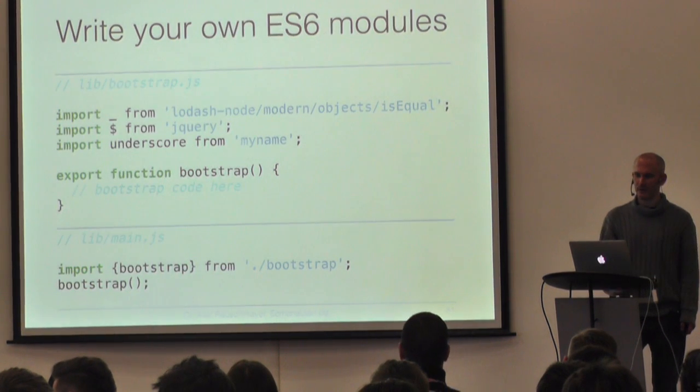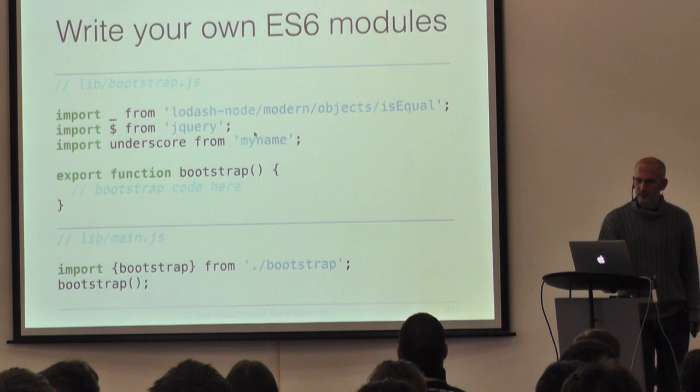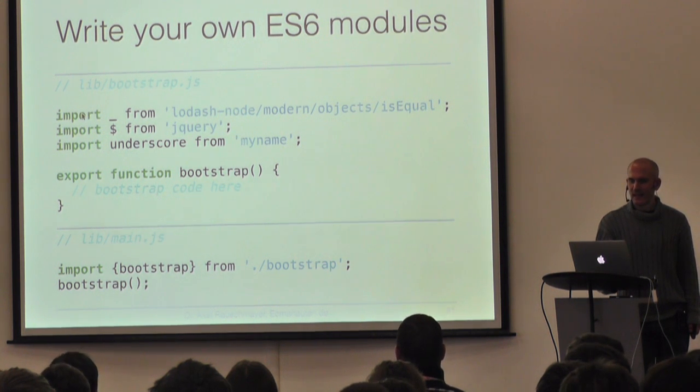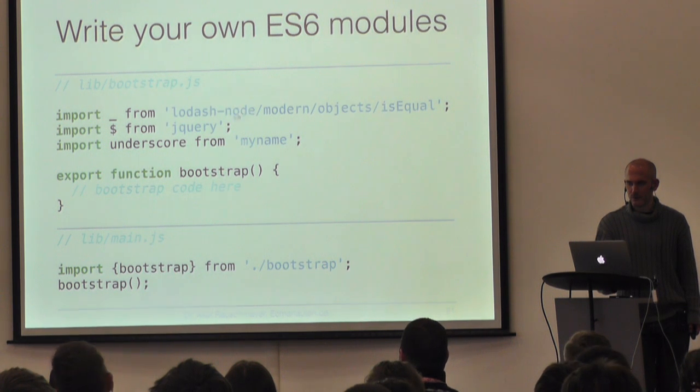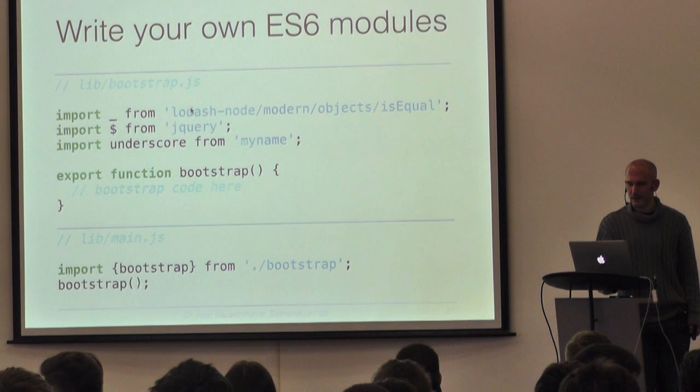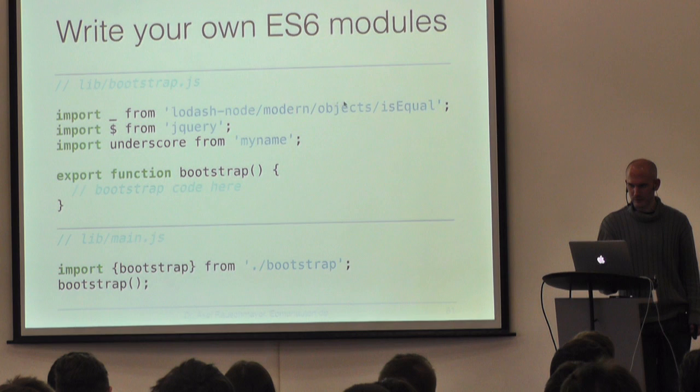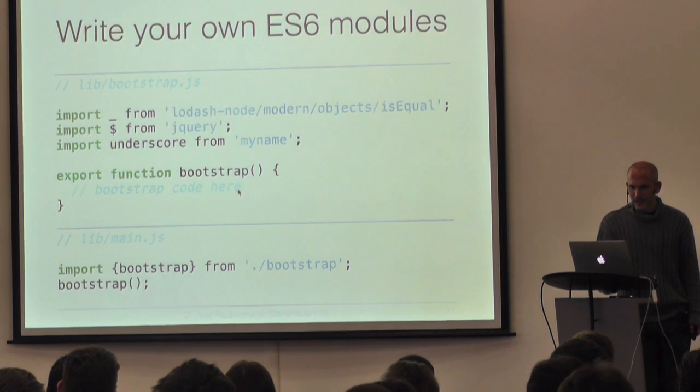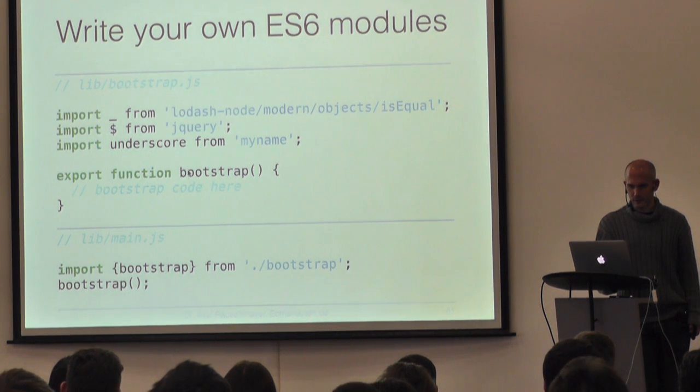And now it's time to write your own code, and here you import into this underscore variable from this file here, from this submodule. You import jQuery, and you also import underscore.